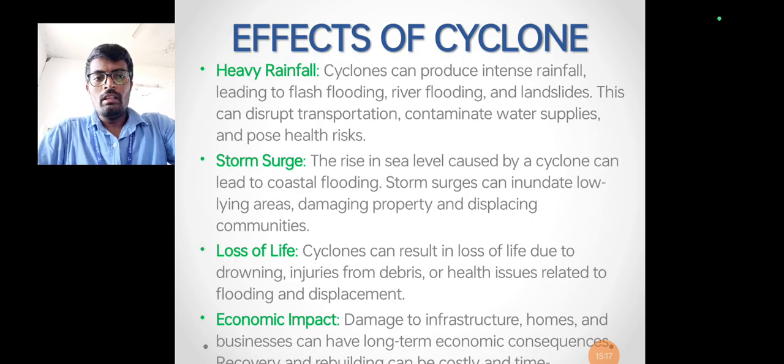Now coming to the effects of cyclone. First, cyclones produce intensive heavy rainfall, thus leading to flash flooding, river flooding and landslides. This can disrupt the transportation system, contaminate the water supplies in water bodies, and pose a health risk.